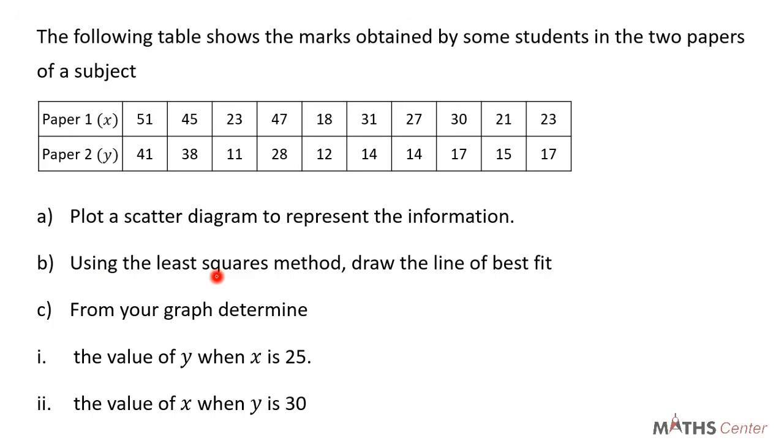B, using the least squares method, draw the line of best fit. C, from your graph, determine I, the value of y when x is 25, and II, the value of x when y is 30. Let's start with the first part, plotting the scatter diagram.